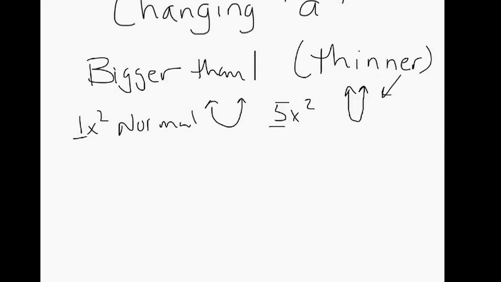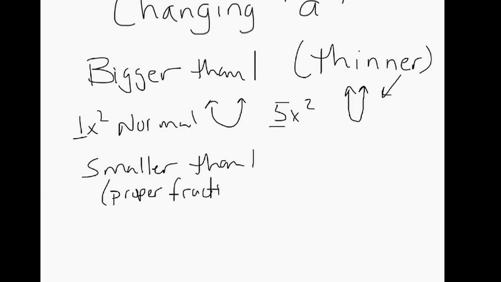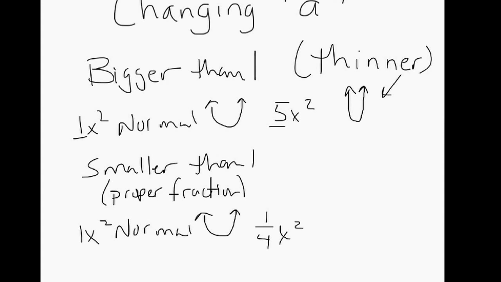Okay. If we make it a smaller number, so smaller than 1, which is typically a proper or normal fraction. So if 1x squared is our normal parabola like this, then what would happen for 1/4 x squared?